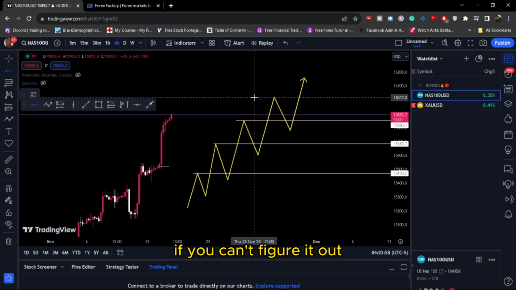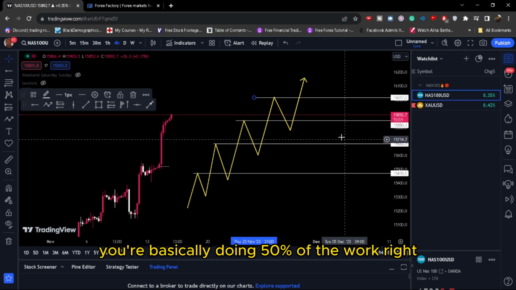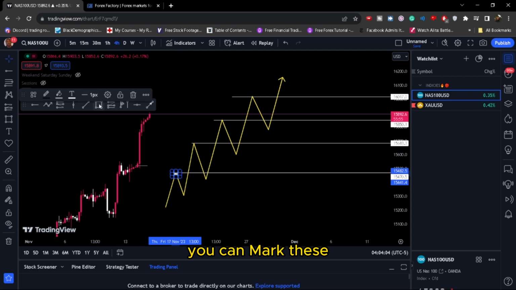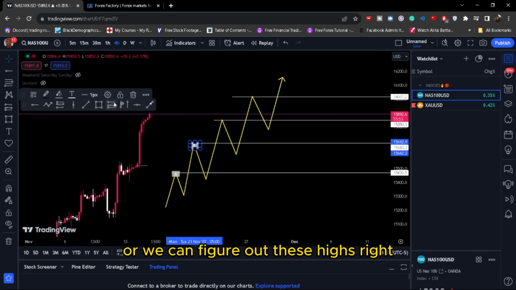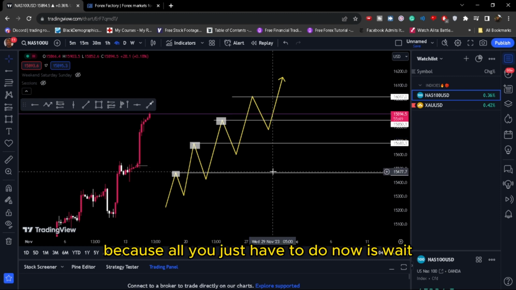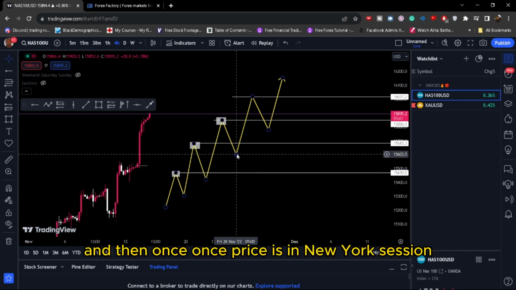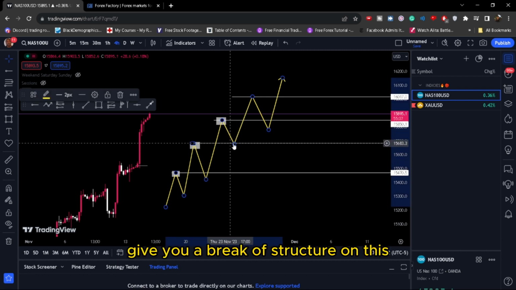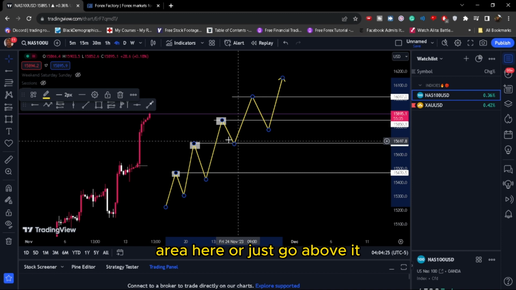If you can figure that out, you've basically done 50% of the work, because all you have to do now is wait for the session to hit. In my case, the New York session, and then once price is in the New York session, wait for price to either give you a break of structure on this area or just go above it.